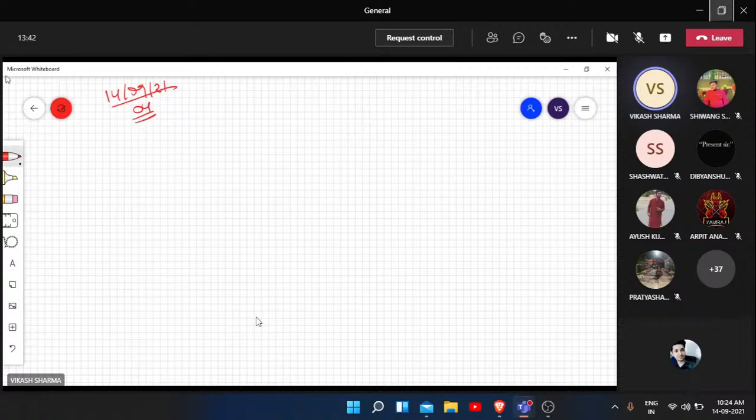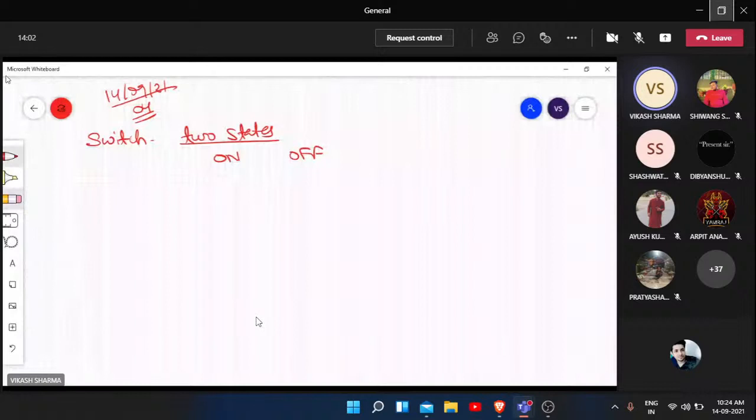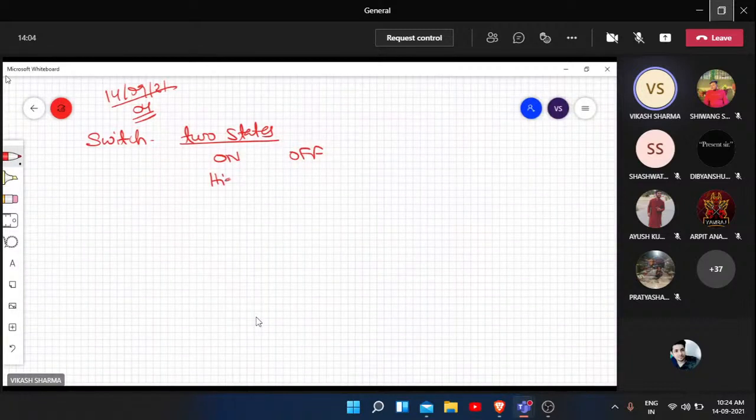Normally a switch has two states, and these two states can be defined as on and off, or high and low, or 1 0, or 0 1.